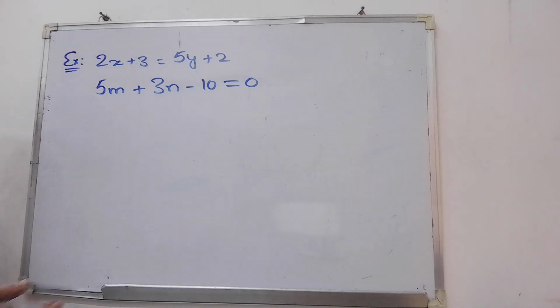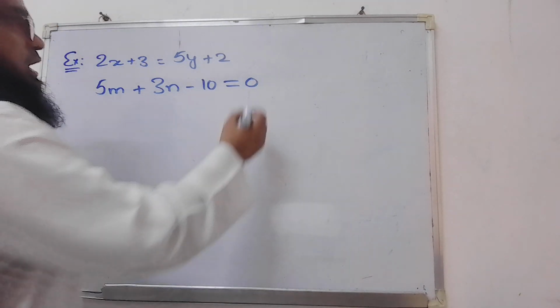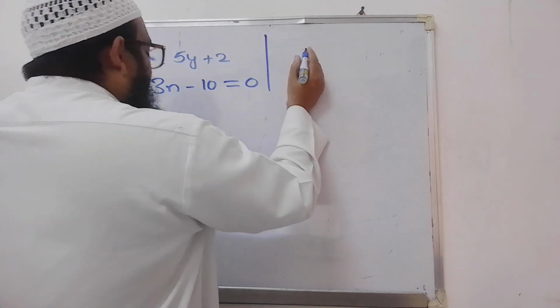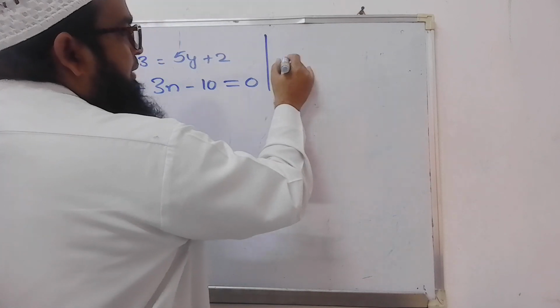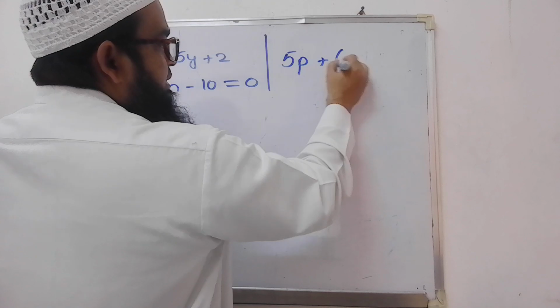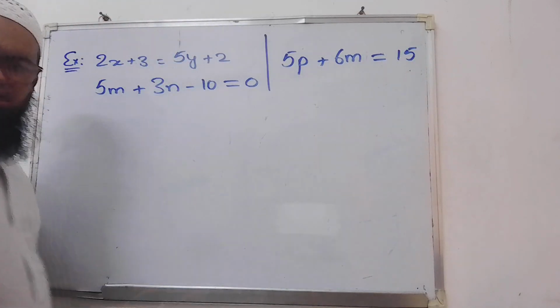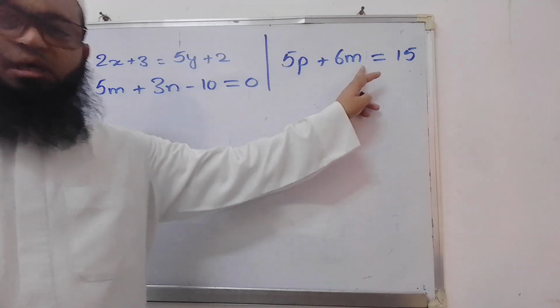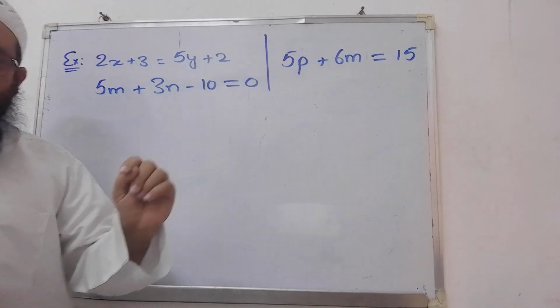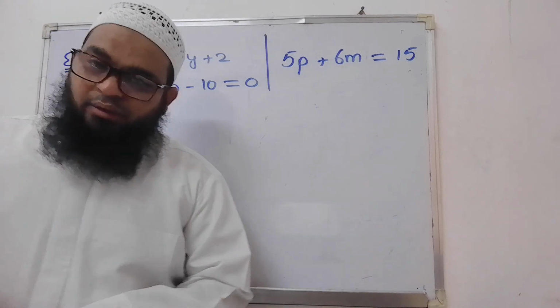This is also an example of a linear equation in two variables. Let us see one more example. It can be 5p plus 6m is equal to 15. Okay, you have two variables and the power of the variable is 1. So these are the examples of a pair of linear equations in two variables.